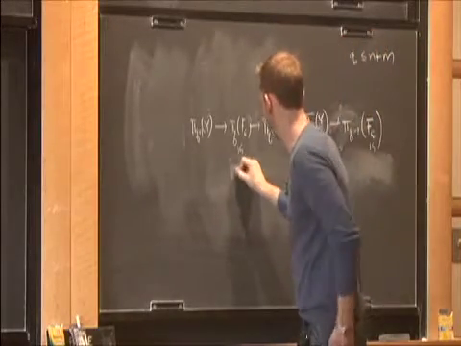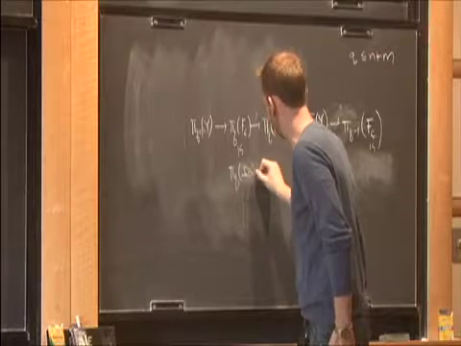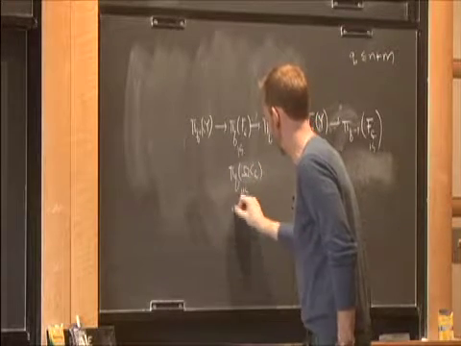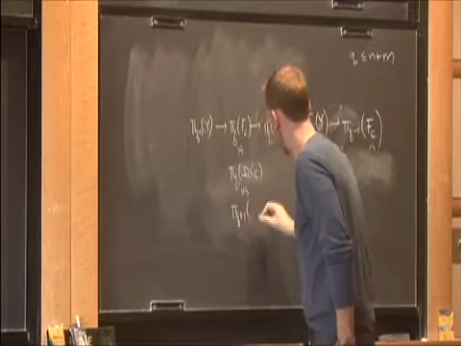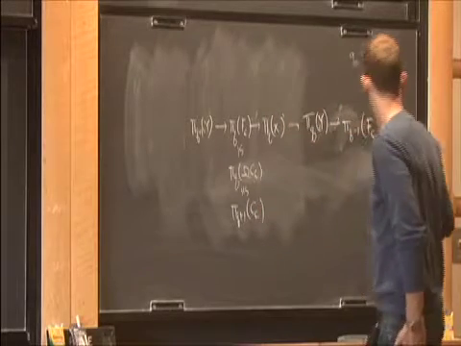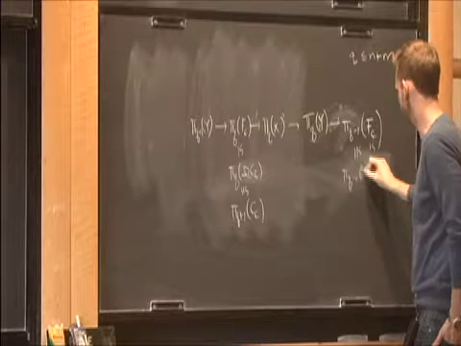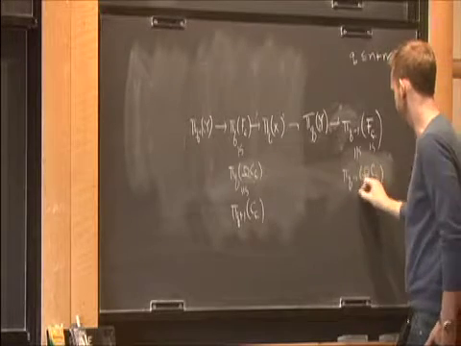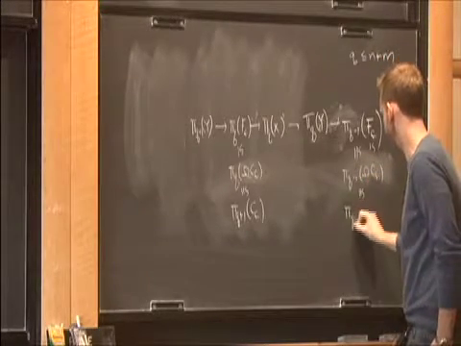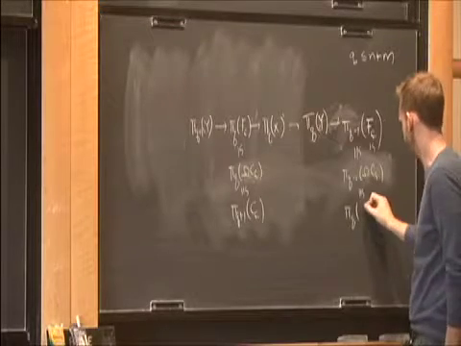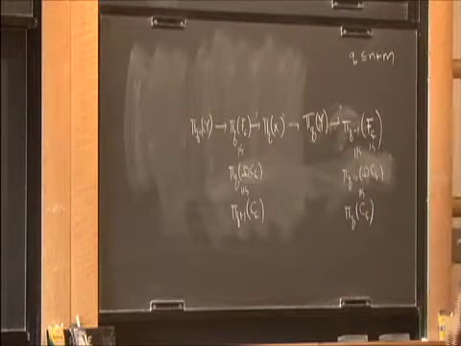So this gives me pi q of loops on the cofiber, which is pi q plus 1 of the cofiber. And then here, I get pi q minus 1 of loops on the cofiber, and that's pi q of the cofiber.